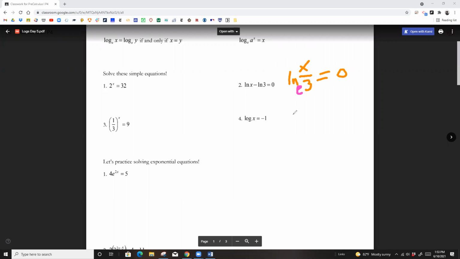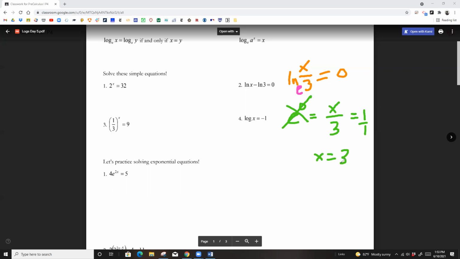You can then put it into exponential form: base is e, answer is x over 3, and your exponent is 0. Now you could take e to the 0 power, and that's just going to equal 1, because anything to the 0 power is 1. Then you could cross multiply, and you get x is equal to 3.